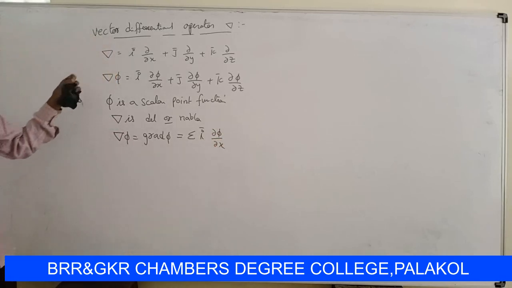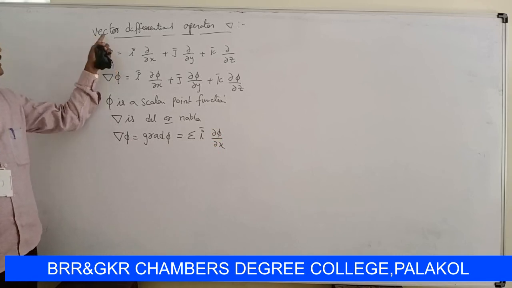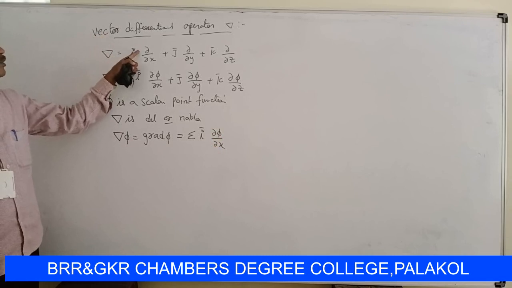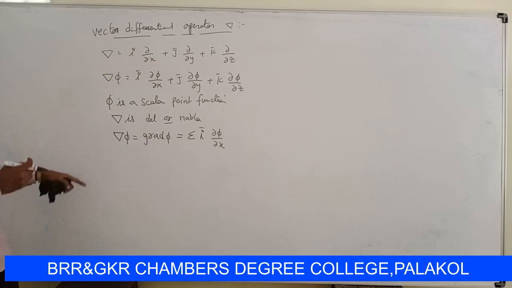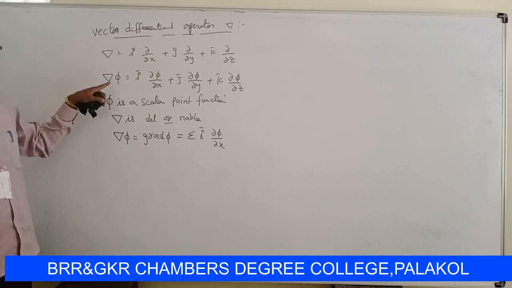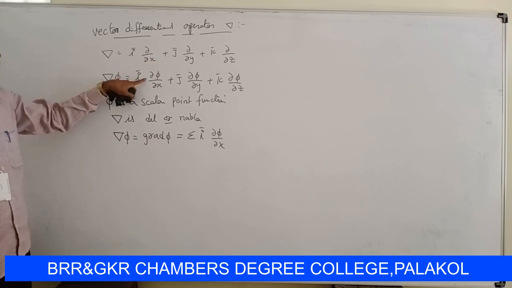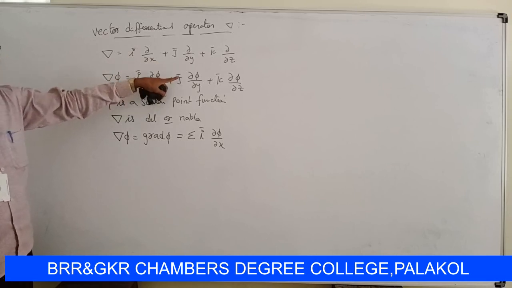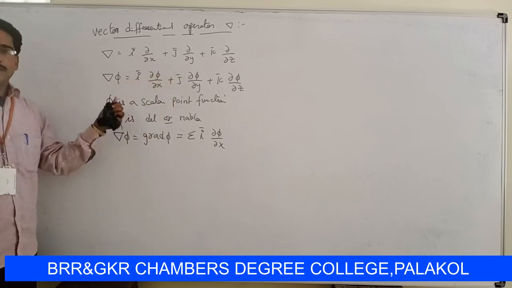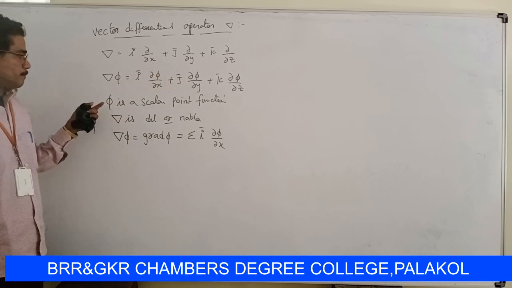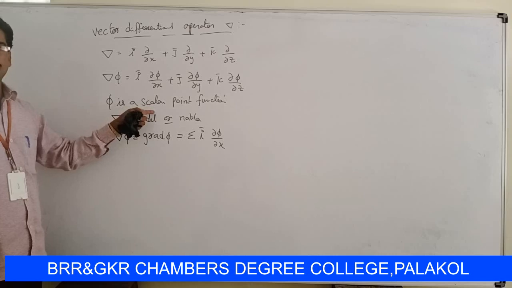So the operator del is defined such that del pi equal to i dou pi by dou x plus j dou pi by dou y plus k dou pi by dou z, where pi is a scalar point function.